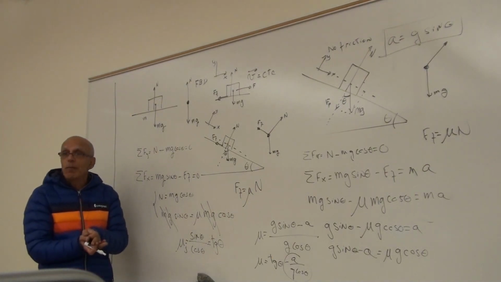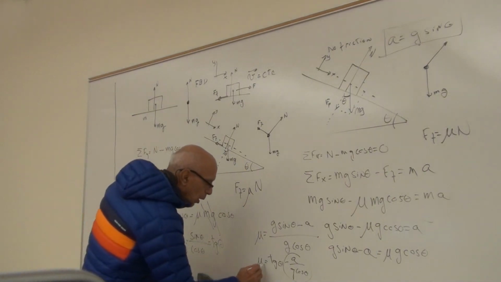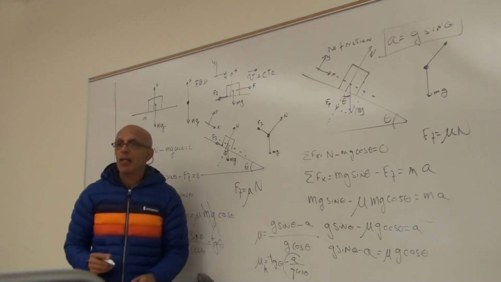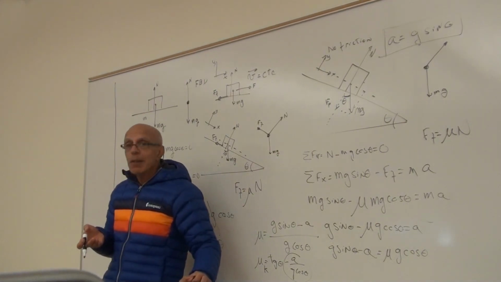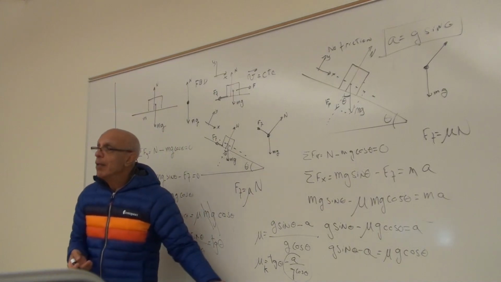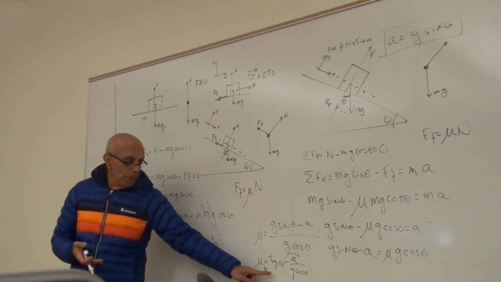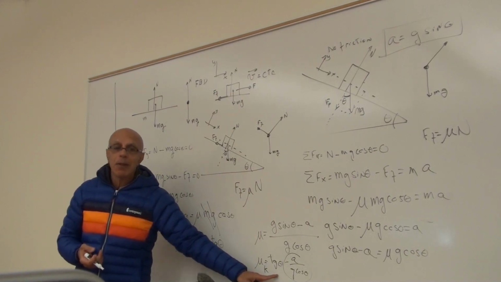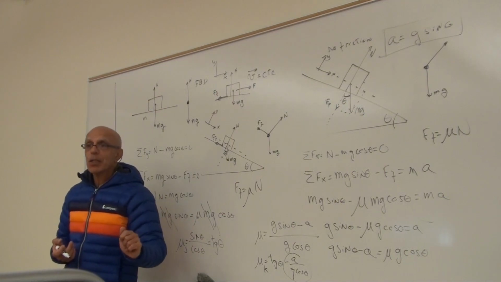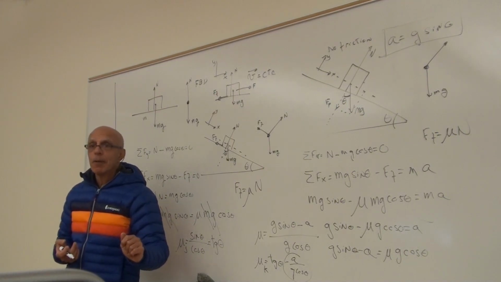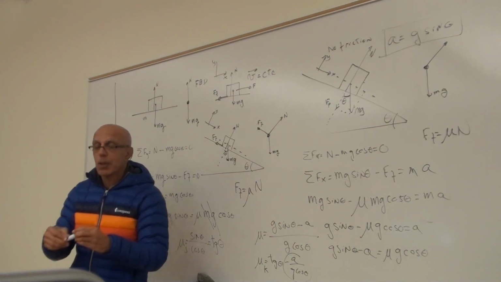This one is moving, and I'm going to call it the kinetic coefficient of friction, the coefficient of friction when it is moving. And I just showed you here that it's going to be less by this amount. Is this okay? All right, let's go to the lab and work on those experiments.